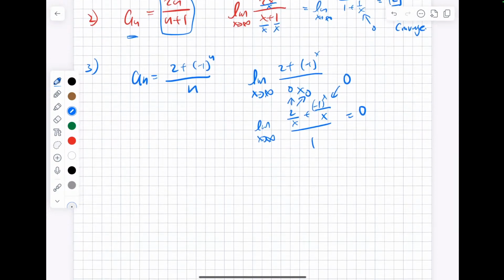Okay, the next situation I want to give you is, what if I have a sequence that looks like ln of n over n? Do you think this converges or diverges, and why? Right, that's correct.